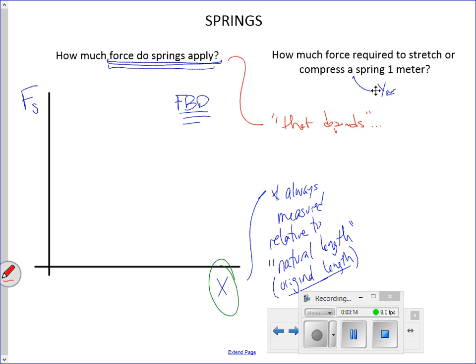Let's see, yeah, in the middle of the page where it says how much force the springs apply, we talked about number one, where you're talking about the force that the spring applies. Yep, you definitely got to touch on number two. Does the spring always apply the same force? And the second part of number two, do all springs apply the same forces?